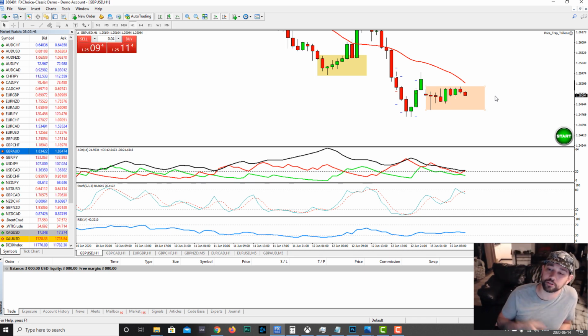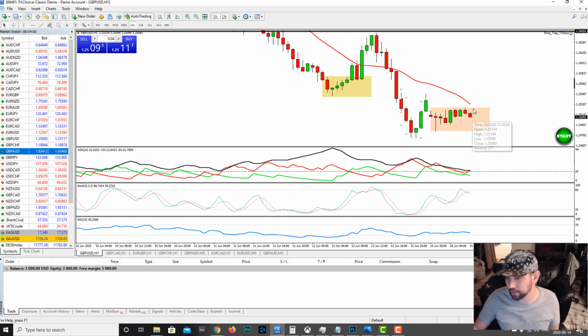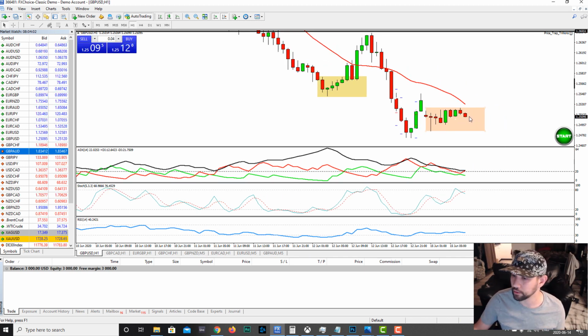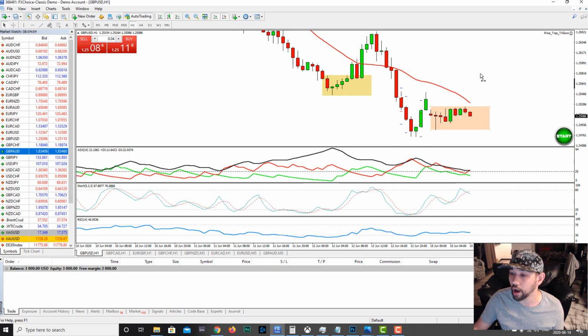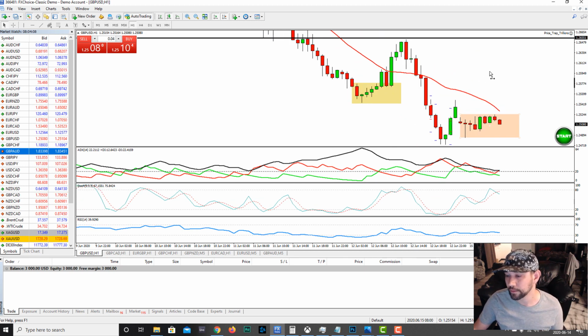This means that there's going to be a lot of momentum and money pushed into the market by banks, institutions, the big players, etc. When that happens, the price and the candles are going to either break to the top or break to the bottom for a buy or a sell.